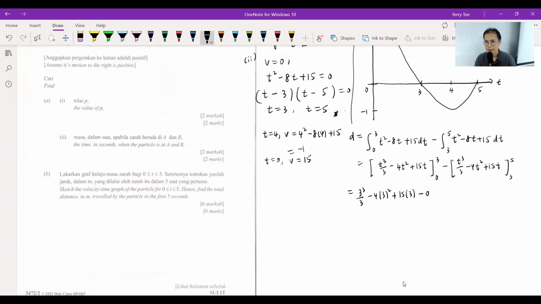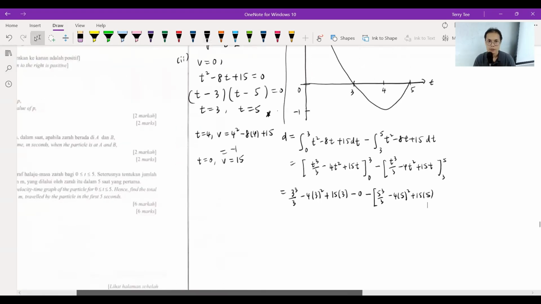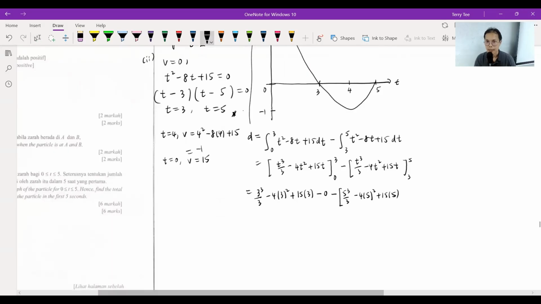When you sub 0 inside, the whole thing is 0. Then you minus, put 5 inside: 5 cubed over 3, minus 4 times 5 squared, plus 15 times 5. Okay, since I don't have space, I'm going to move this to the right a bit.